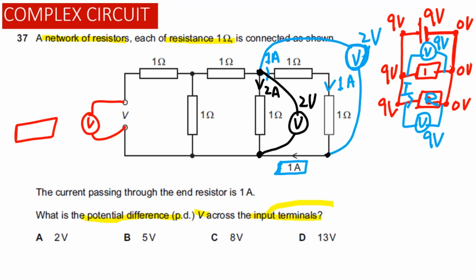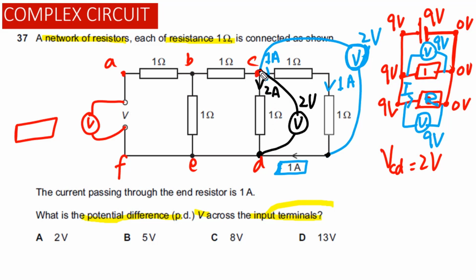The next step, what we need to understand is, let's label these points now. Let's say this is point A, this is point B, this is point C, this point is D, this is E, let's say this point is F. Now, as you can see here, the voltage across CD, we have found this is equal to 2 volts. As you can see, current passing through this resistor is 1 amp and current passing through this one is equal to 2 amps.